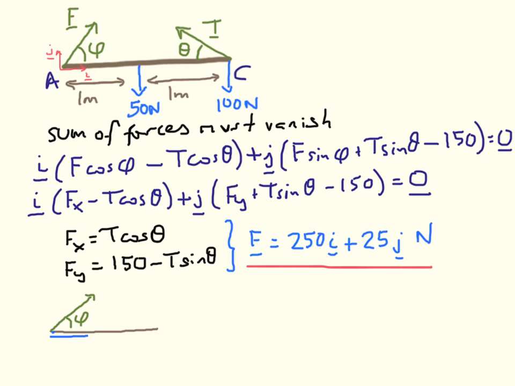The one component is 250 newtons this way, and the other component, not to scale, is 25 newtons acting upwards, and the magnitude of the force is the length of the hypotenuse.